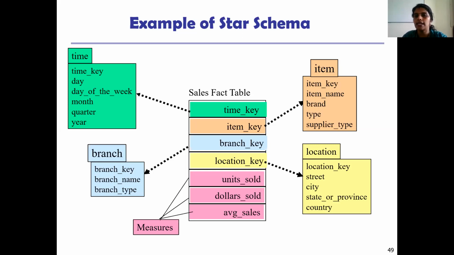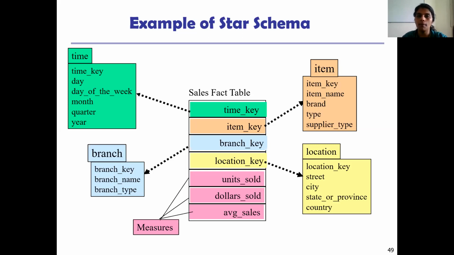So what is star schema? Star schema is similar to the structure of a star with the central fact table and dimension tables as the radial lines, right? You have the fact table at the center and multiple dimension tables which are related to the fact table. The fact table will consist of keys which connect it to the dimension tables as well as the numerical measures or the facts.